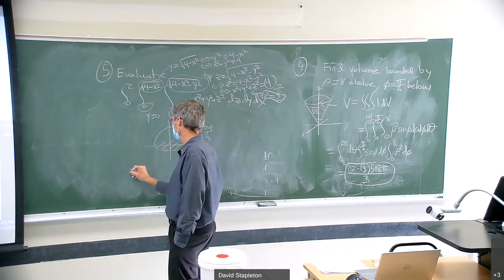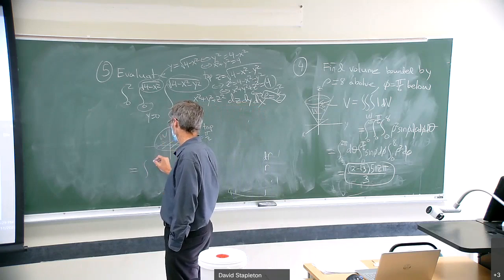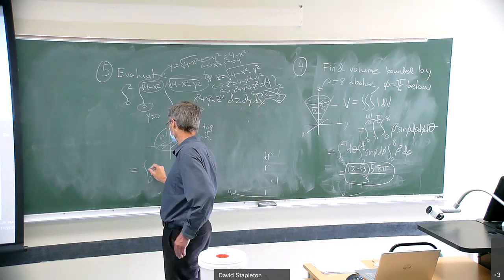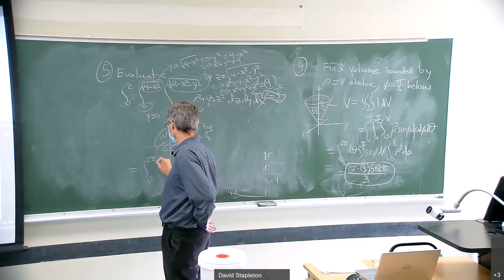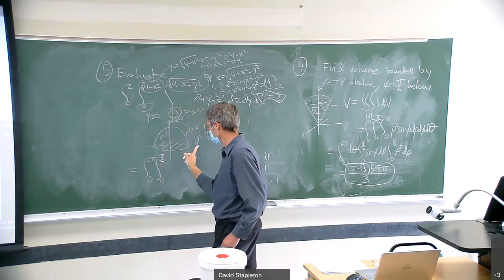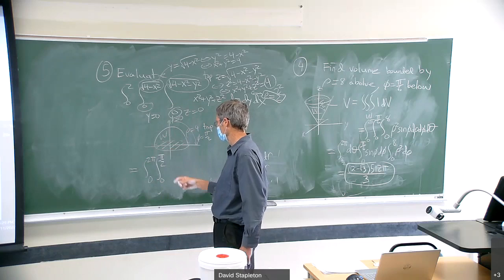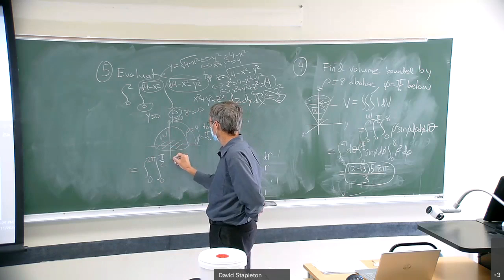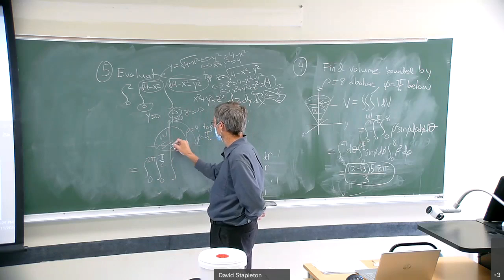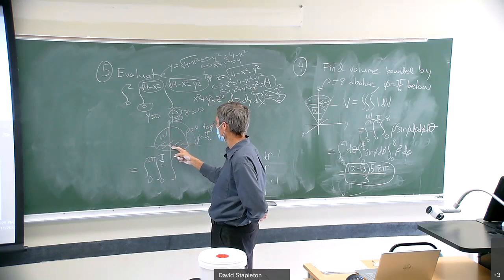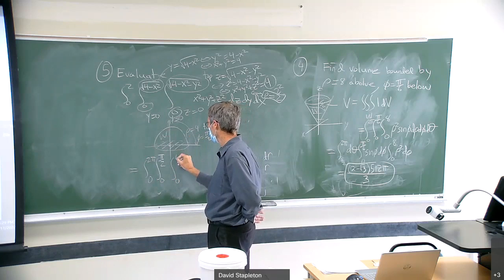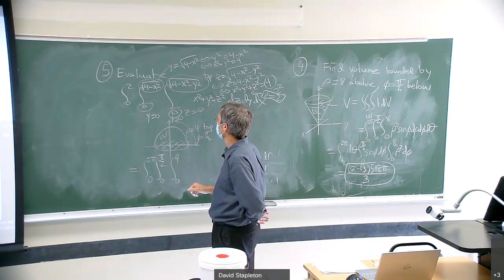So this will be the triple integral. Theta going from 0 to 2 pi all the way around. Phi going from 0 to pi over 2, since the z equals 0 plane has equation phi equals pi over 2. Rho goes from the inside surface, rho equals 0, to the outside surface, rho equals 4.